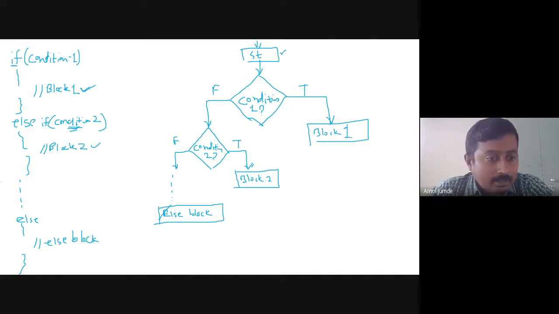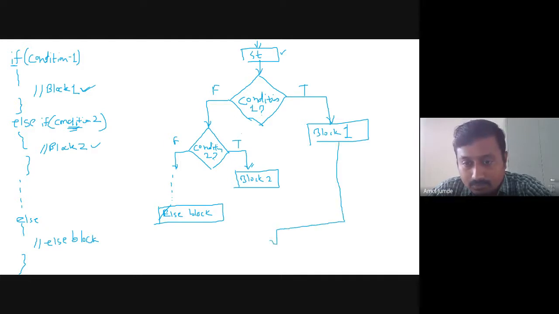Now after this else if ladder, there will be some statement. So after the execution of any block, that statement will be executed. So after this, you will have a next statement, and that next statement will be executed.